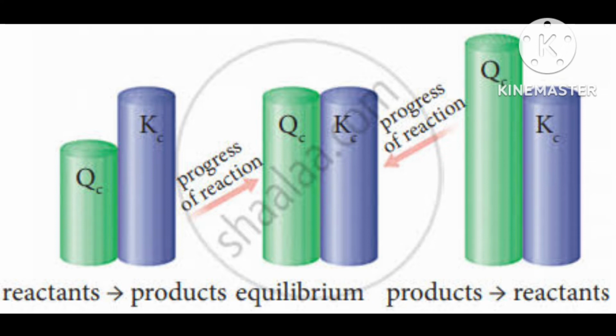Now let us see examples. The reaction of hydrogen gas and oxygen gas at 500 K has a very large equilibrium constant.